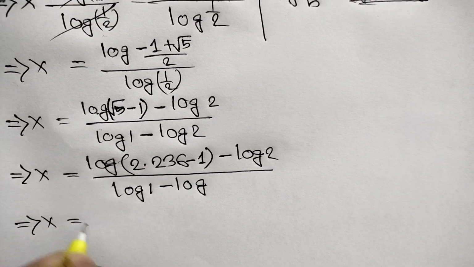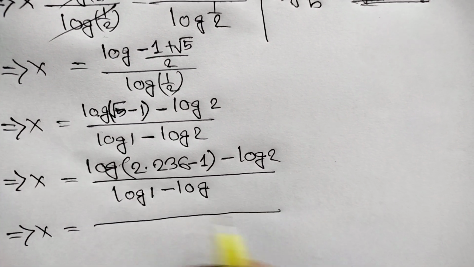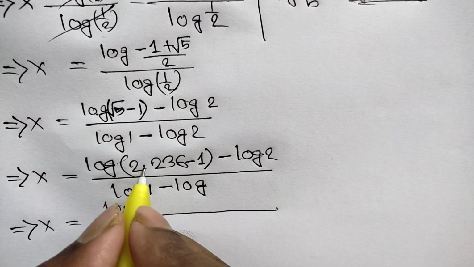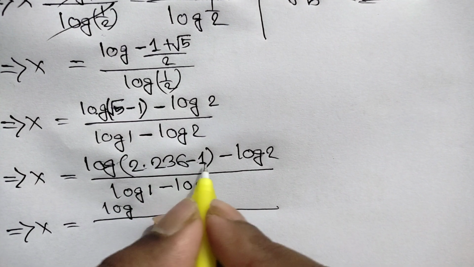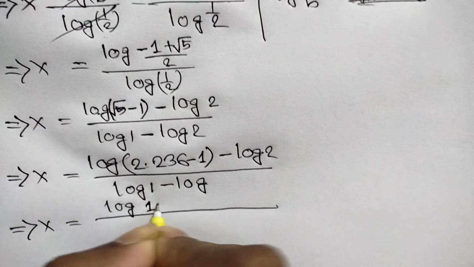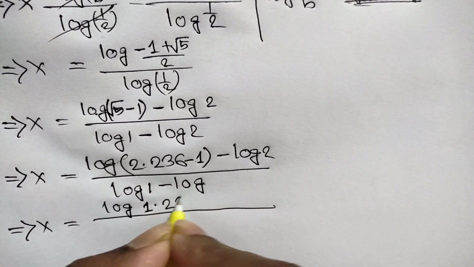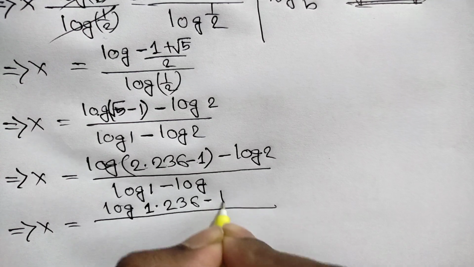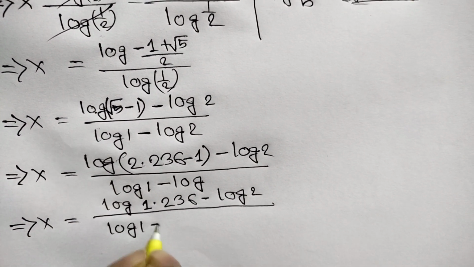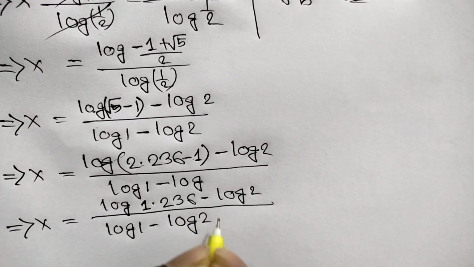Or x is equal to log of 2.236 minus 1, it means 1.236, minus log 2 over log 1 minus log 2.